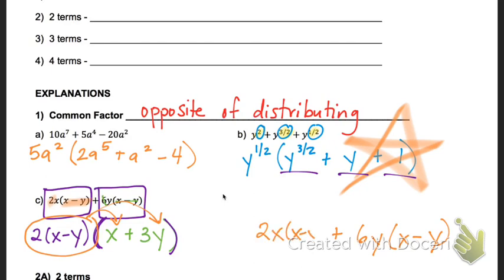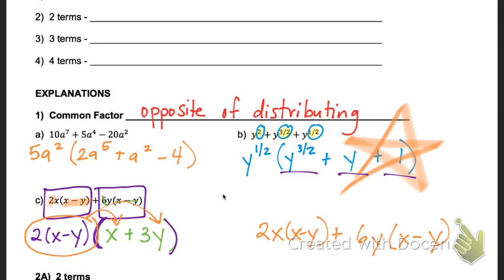Wait, how did you know to put it like that? Oh, because you're just doing the 2 to the first one. Yeah, so I'm taking the first parentheses, then the second. I'm keeping the stuff that's in parentheses in parentheses. Why is the second one positive but the first one was negative?